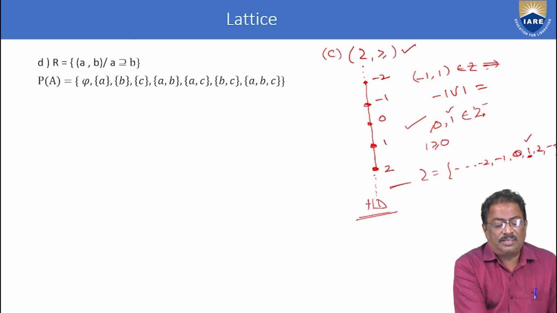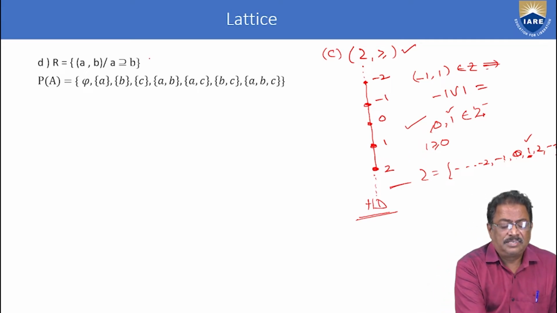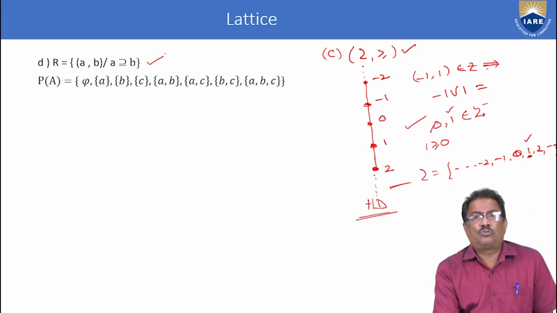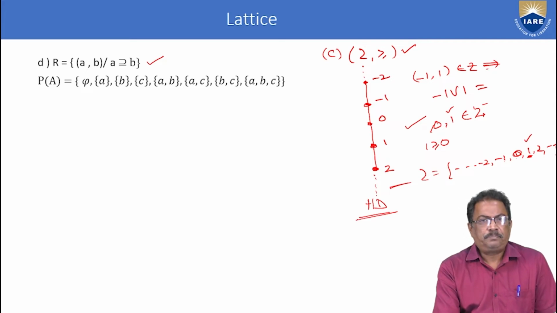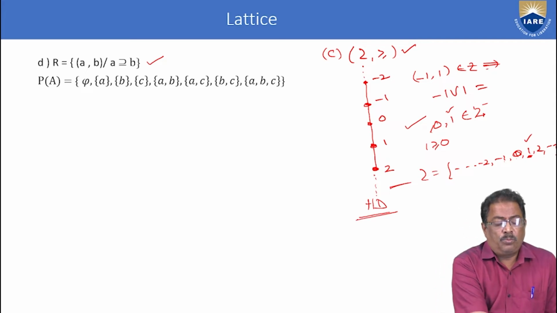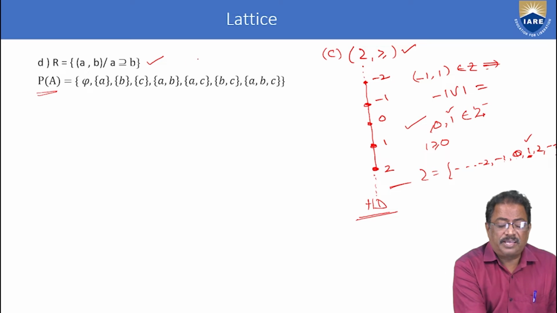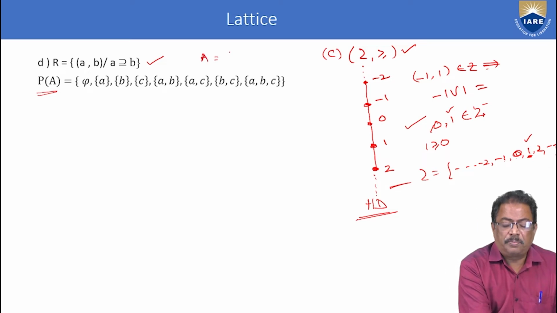Let us consider that the relation represents A is a superset of B. Now what does the power set consist of? The power set is nothing but the set of all subsets of A, B, C, because A is mentioned as A, B, C.